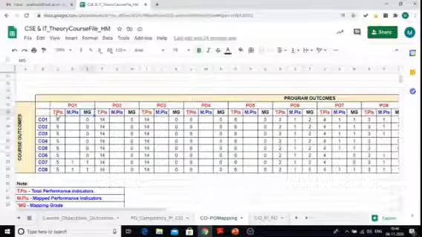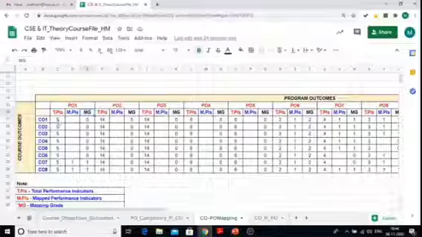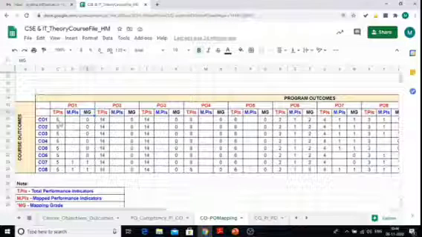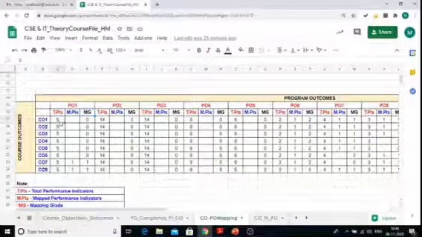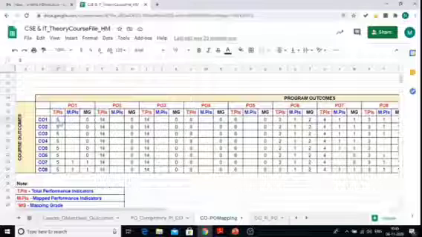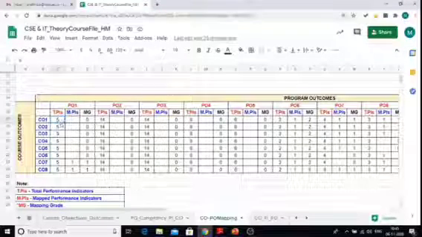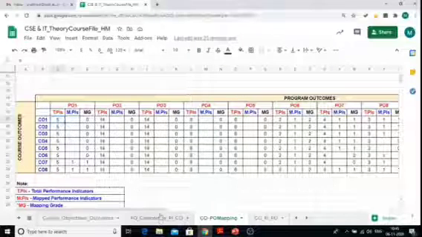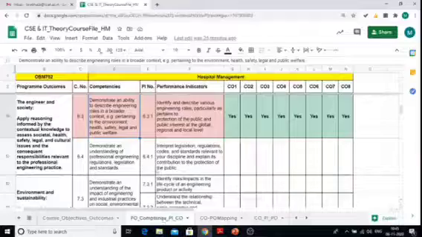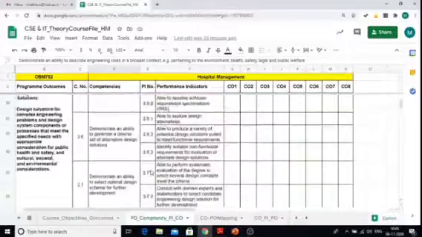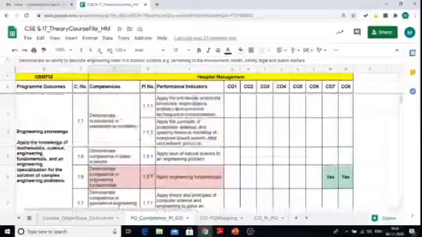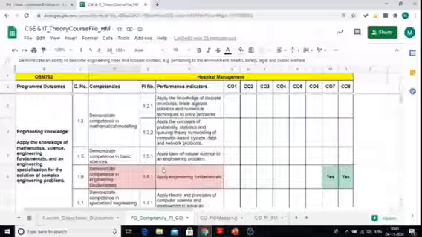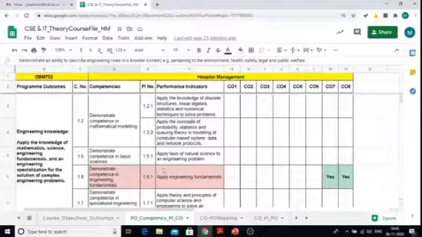What does total PIs mean? It is the total number of performance indicators that is given by AICTE in the document. For example, here I have given 5, which means you have to go back to the previous sheet and count how many performance indicators are there for PO1.